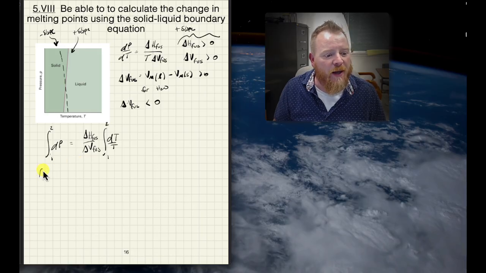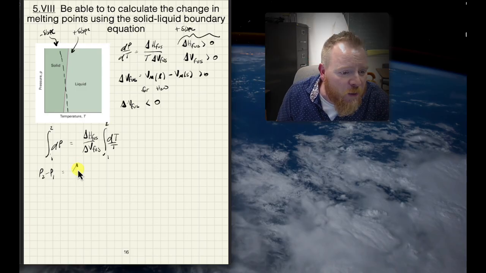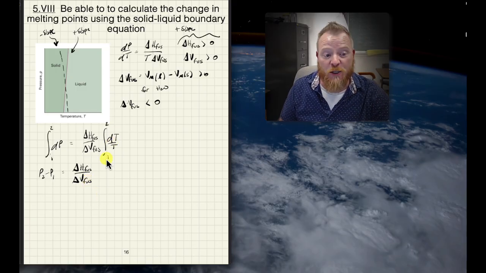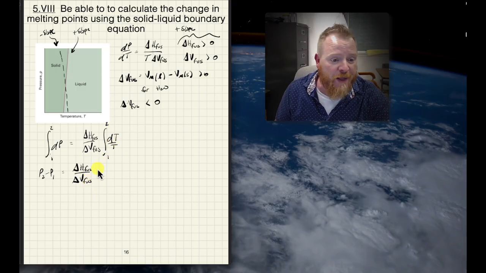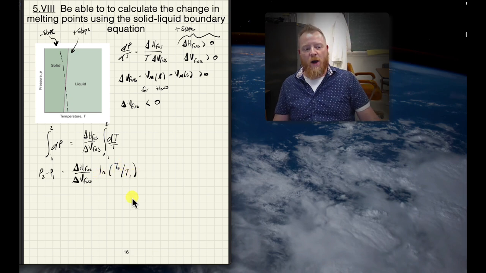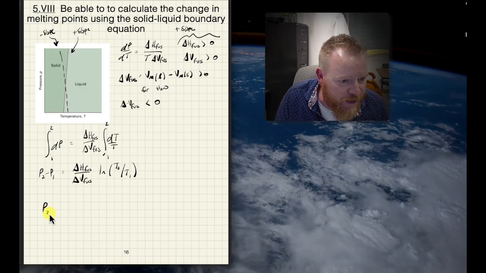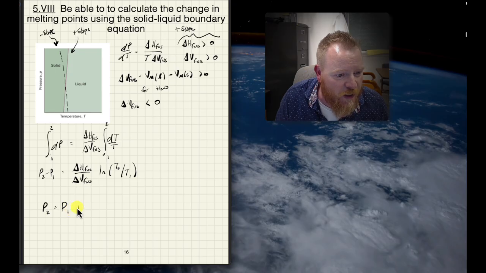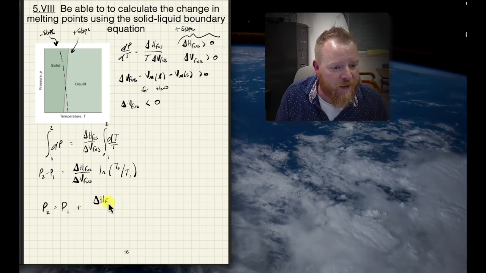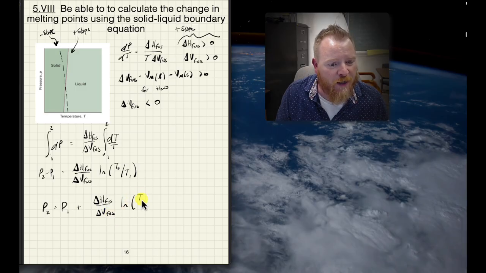So now that's going to become P2 minus P1, and all that equals delta H of fusion divided by delta V of fusion, and the integral of dT over T, evaluated from 1 to 2, is going to be the natural log of T2 over T1. I'm going to rewrite this a little bit differently. P2 equals P1 plus delta H fusion divided by delta V fusion times the natural log of T2 over T1.